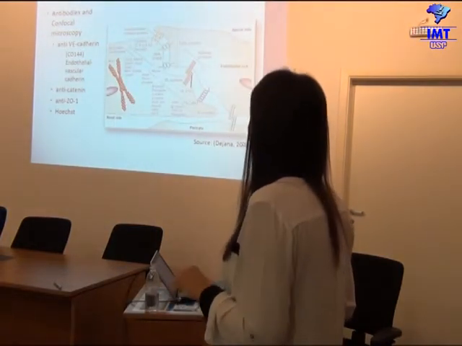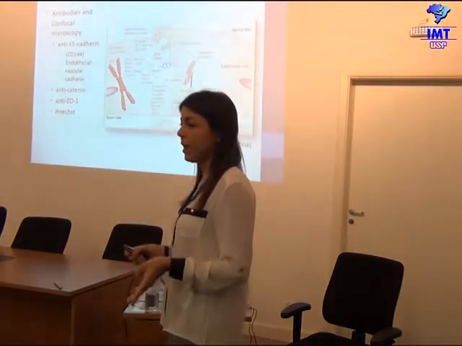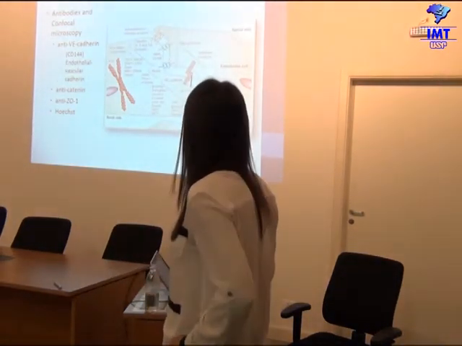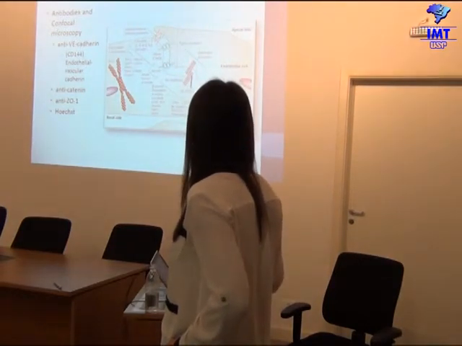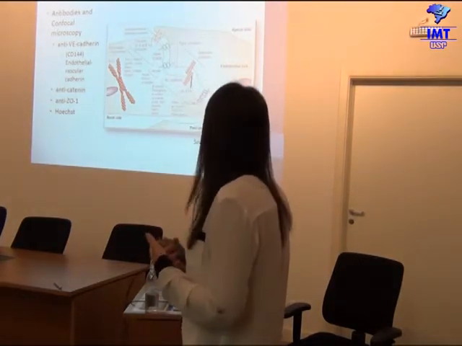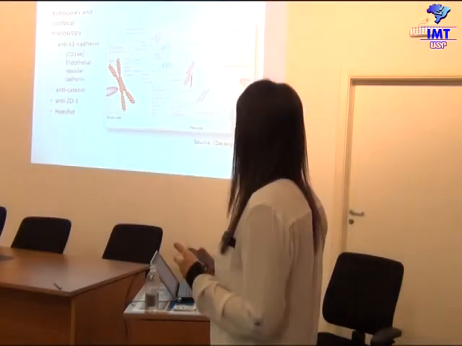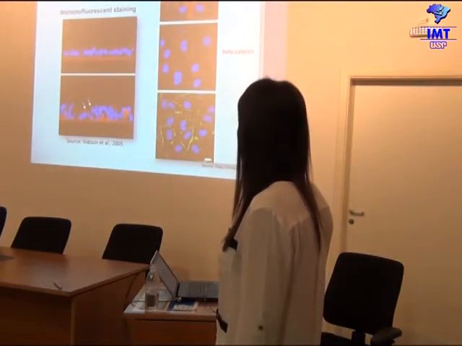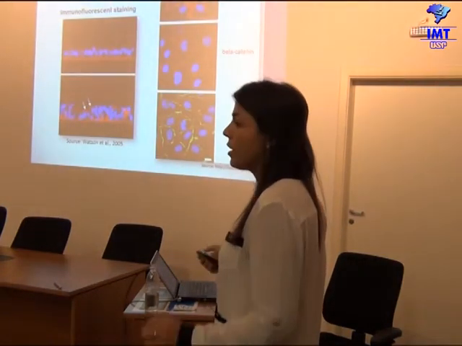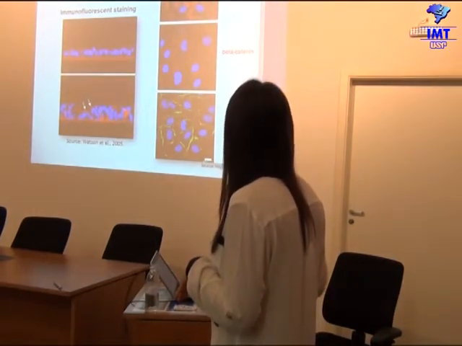We will also characterize the monolayer by using some specific markers for endothelial cells. For example, this is a protein, VE-cadherin. It's a transmembrane protein which participates in the cell-to-cell junctions. And by using immunofluorescence staining, we can look at the cell organization in the system.